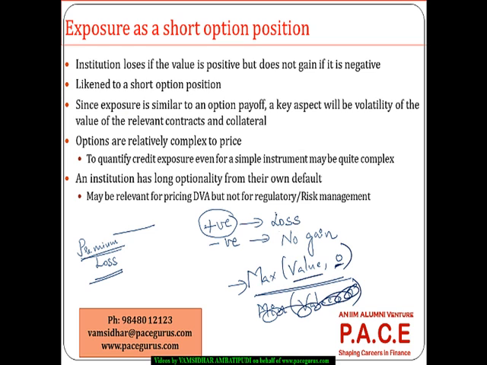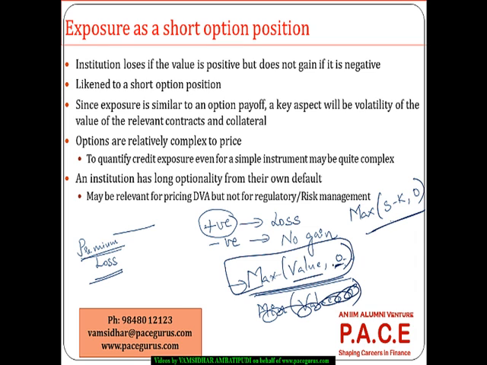So the exposure is becoming more and more similar to that of an option payoff. This is the net exposure that is coming out. Even in option payoffs, what we are talking of is the maximum of stock price minus the strike price comma 0. So these two are looking more or less one and the same.